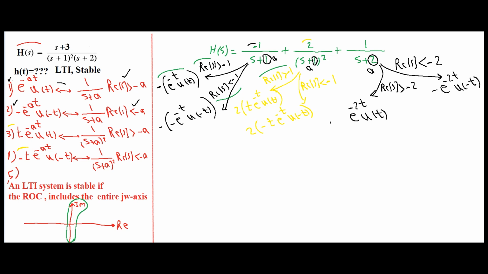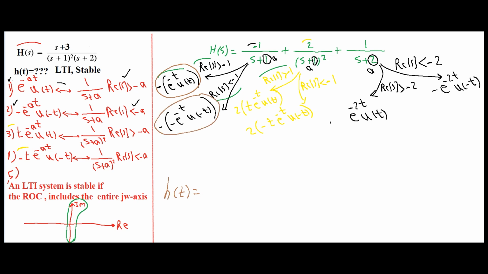Now, to obtain h(t), we must choose the correct inverse Laplace transforms. For this selection, we use the fifth point. We must choose the inverse Laplace transforms whose region of convergence includes the j omega axis because the system is stated to be stable.